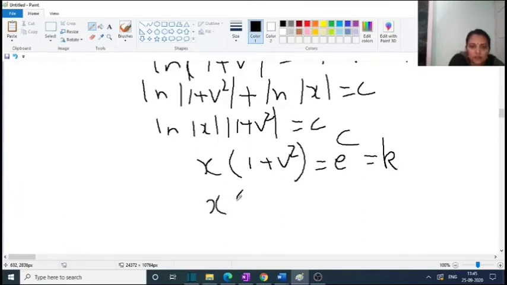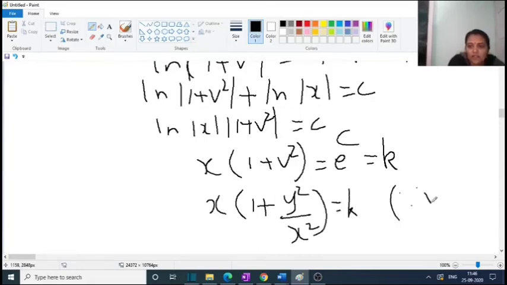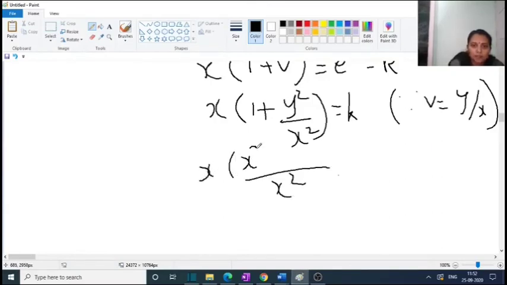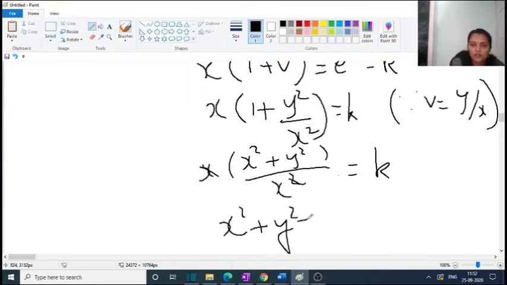So x into 1 plus y square by x square is equal to k. Taking the LCM as x square, this becomes x into x square plus y square by x square is equal to k. This x cancels, so x square plus y square is equal to kx is the solution.